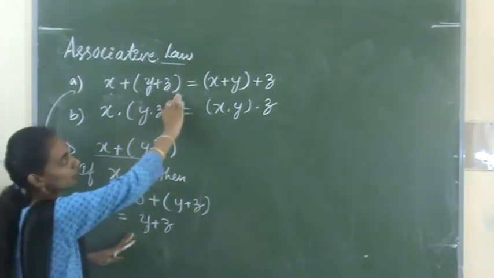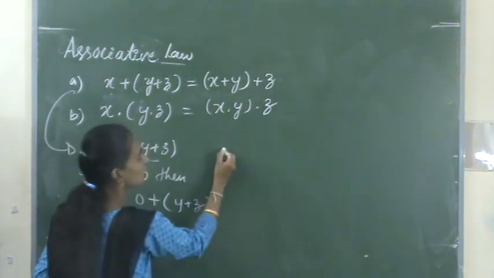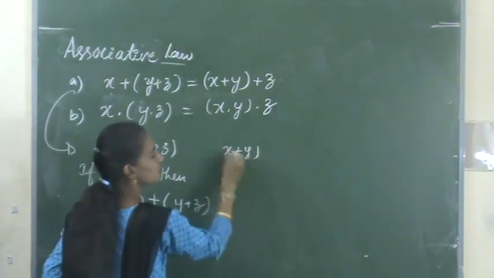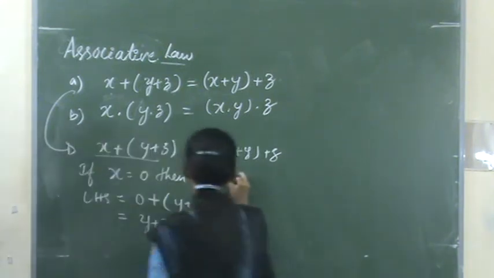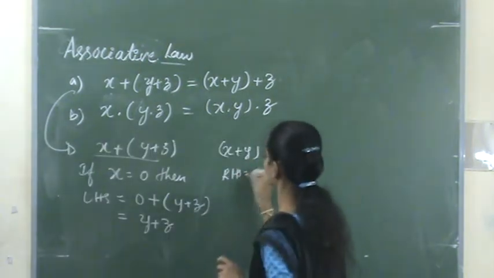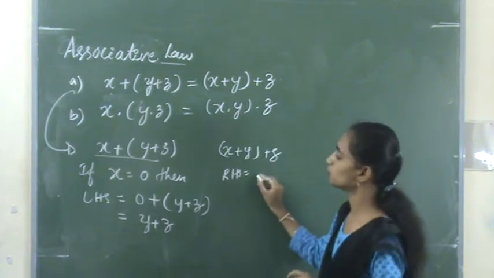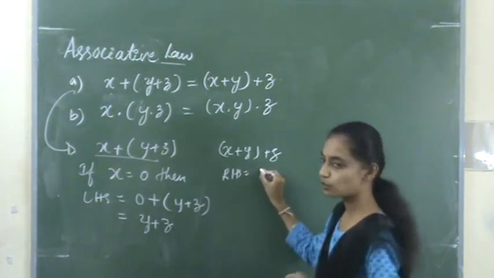Now I am taking RHS. What is RHS? That is (X + Y) + Z, right? RHS is equal to, what is the value of X?